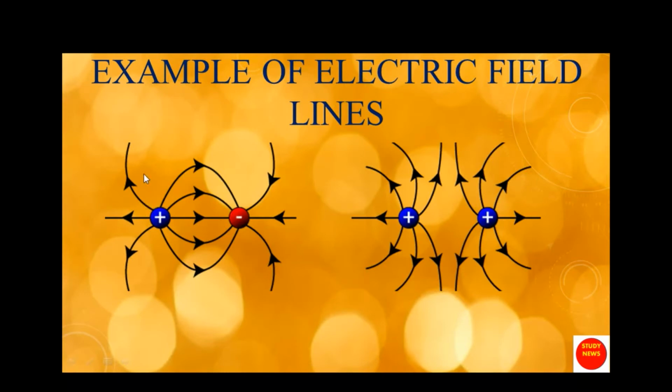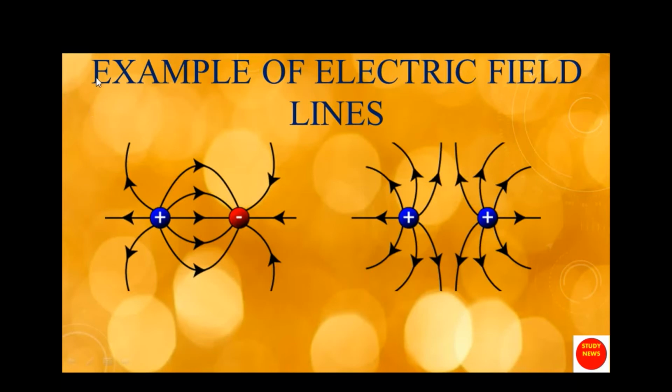Those lines which are not directly connecting with the negative charge, if they have the potential to complete the circle, will come towards the negative charge.